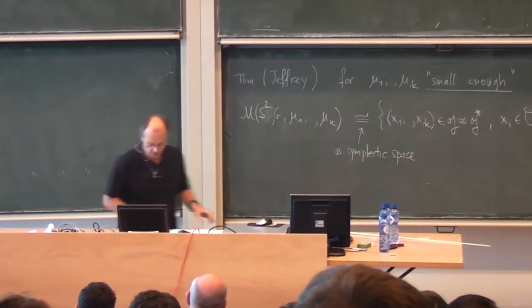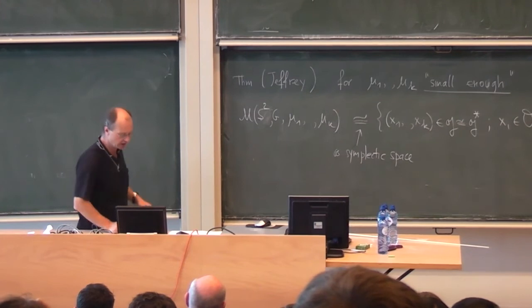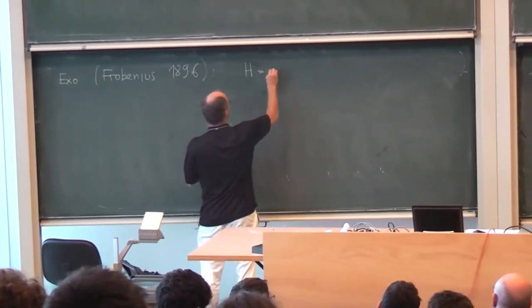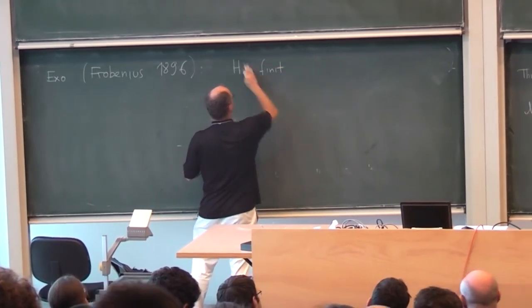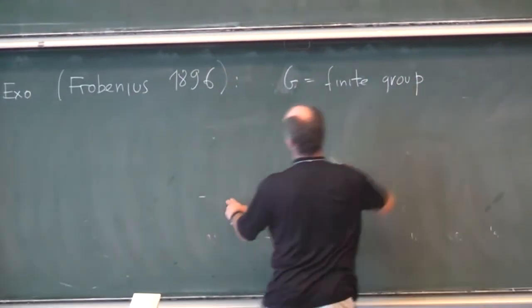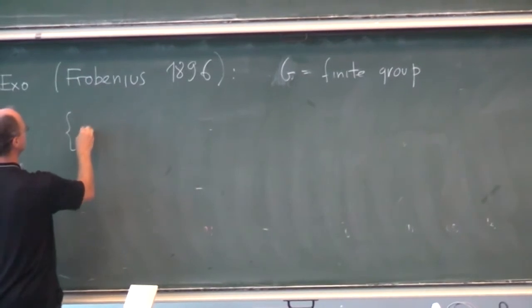But what about the following? What about mapping it into some finite group? Let's say G is a finite group.